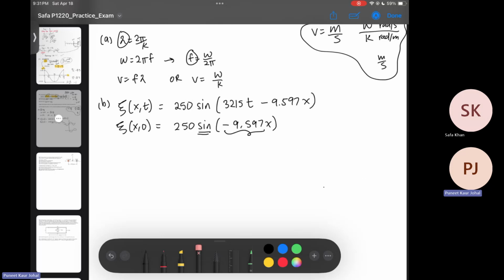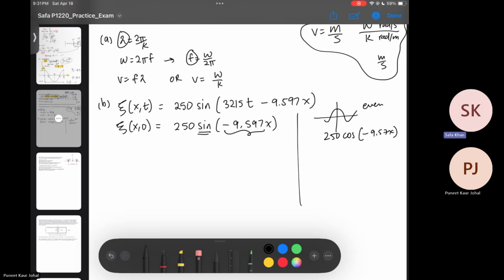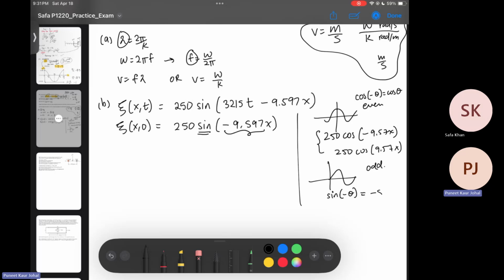There's a better way to do this. I said cos graphs are even graphs. So if this was a cos function with a negative, you know cos is an even function, so even if you put a negative theta, it's the same thing as cos theta. You could just ignore the negative if this was cos. But a sine function is an odd function, which means sine of negative theta, the sign still persists, but we can take it outside.